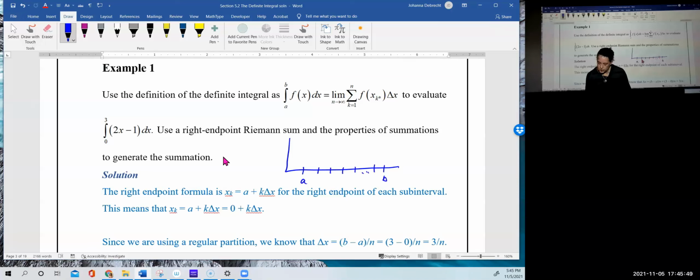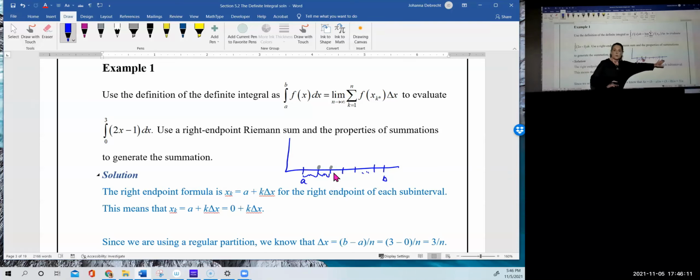And when we talk about the right endpoint, we're talking about this place over here on the right. This is the right endpoint of the subregion to its left. The next spot right here is also a right endpoint of the region to its left.